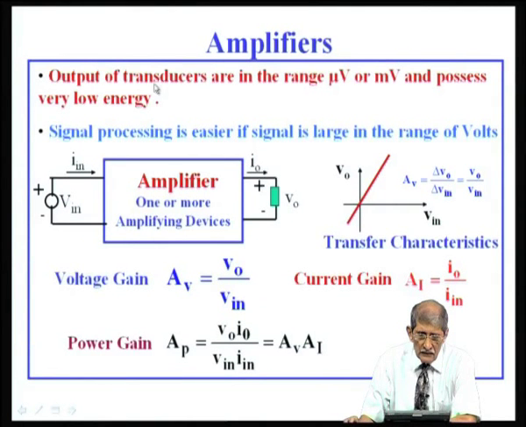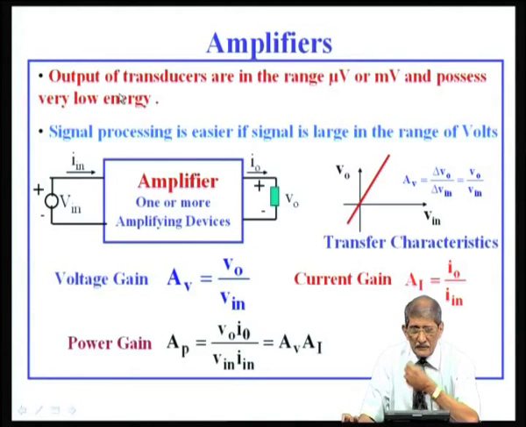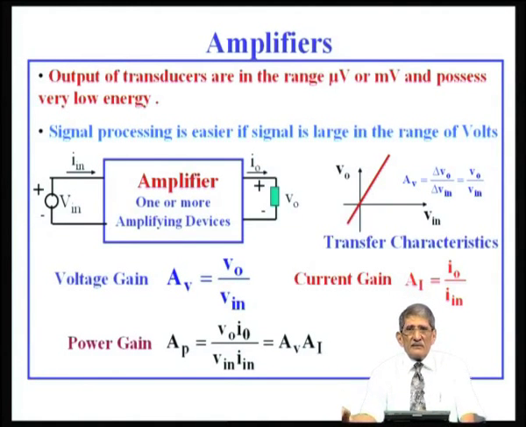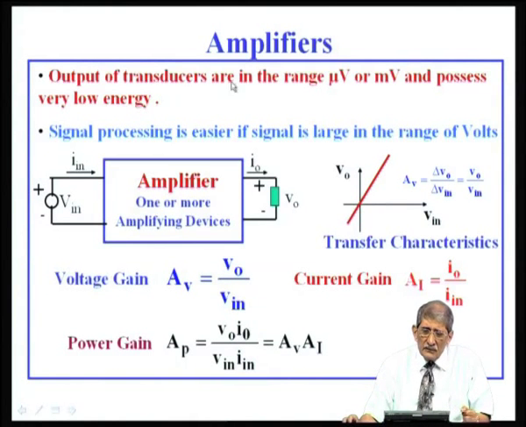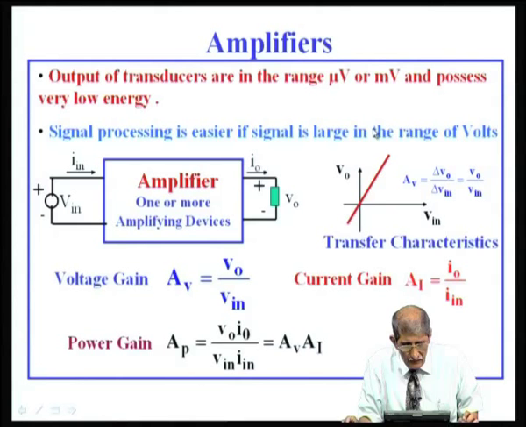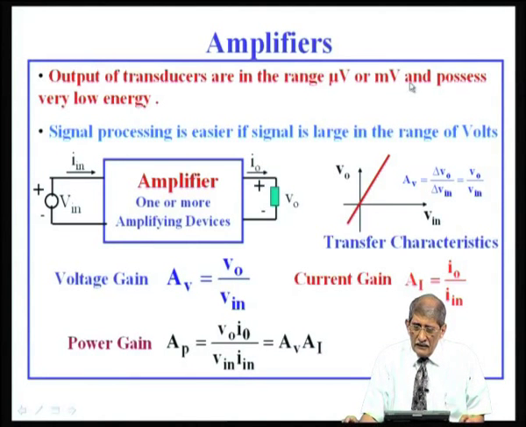Now, why do you need an amplifier? Whenever you have transducers, for example, pressure sensor or acceleration sensor, those transducers give output voltages which are in the microvolt or millivolt range and possess very low energy.